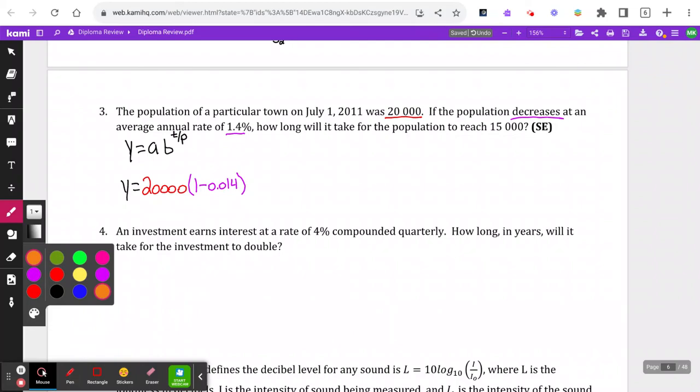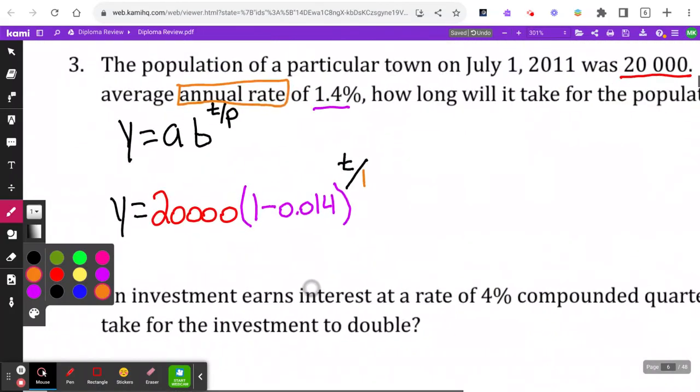It's decreasing at an average annual rate. That means every 1 year. That's your p-value. So it's t divided by 1. You don't even have to put the divide by 1 if you don't want to. But if you're wondering where that p went, it is just 1.